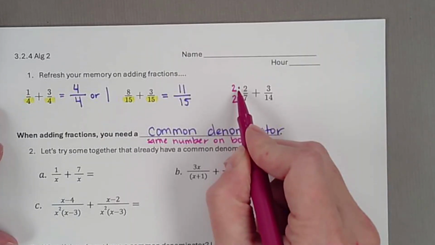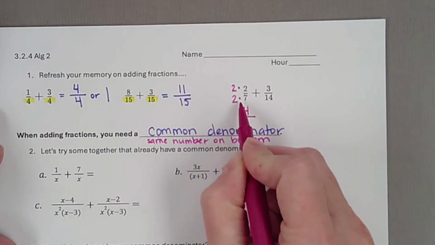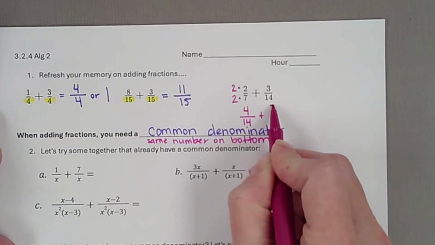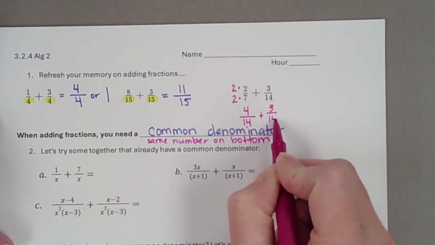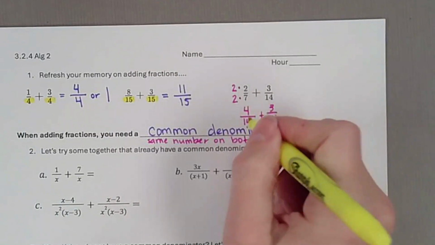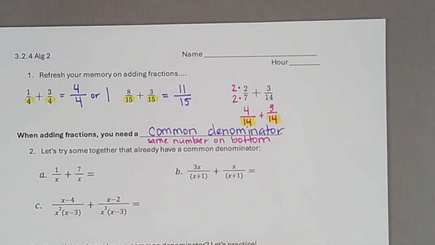I have a 2 times a 2, that becomes 4. I have a 2 times 7, that becomes 14. I said I was going to leave this one alone. And now when I look at the denominators, they are the same. So I have a 14 here, I have a 14 here. Now that I have a common denominator, I can add my fractions together.